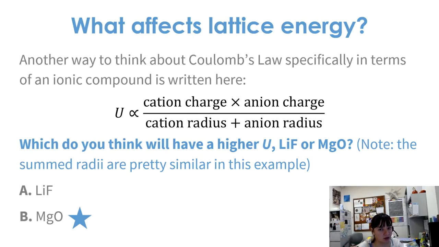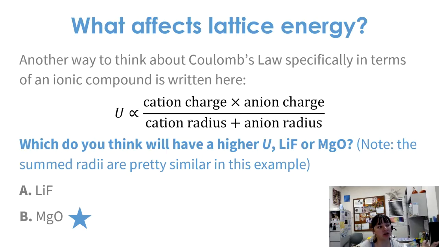Things like charge, though, can have hugely impactful changes going across the periodic table by one column. A +1 charge versus a +2 charge is a factor of 2. That's literally double. That's huge. And so I would say that the charge element of this proportionality is probably more important than the radius one.